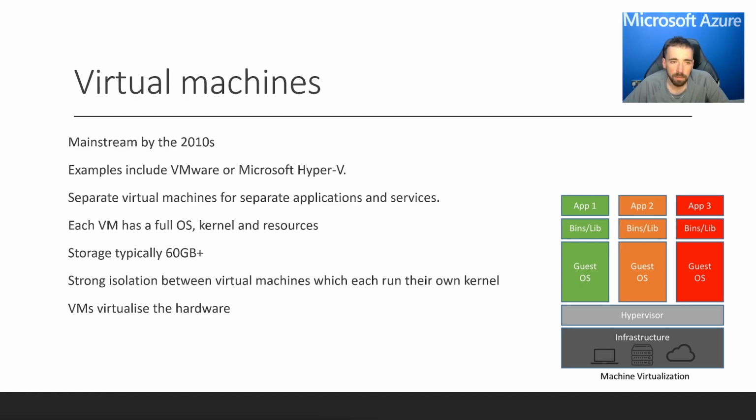So then on top of the hypervisor, we have the operating systems, and you can see here, if this diagram represents one physical server, we have 3 guest operating systems running on top of that physical server, thanks to virtualization and the way that it virtualizes hardware. So 3 separate operating systems, and each has the full OS, kernel, and resources. They're isolated thanks to having their own kernel, just as physical servers would.